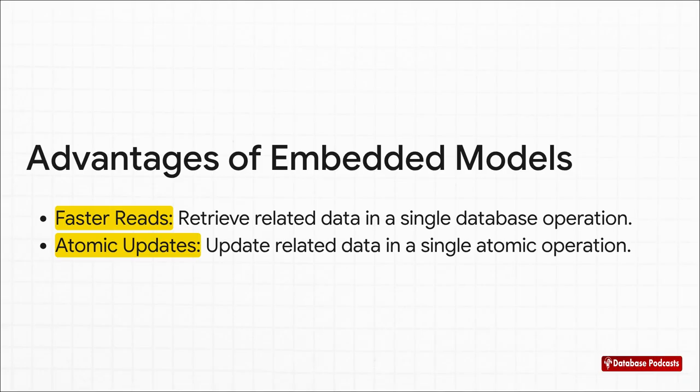With an embedded model, you can get a student and all their addresses in a single trip to the database. No more complex joins. This makes your read operations blazing fast. Plus, and this is a big one, if you need to update a student's info and an address at the same time, you can do it in one single atomic operation. And that, right there, is a massive win for data integrity, because the whole update either works or it doesn't.